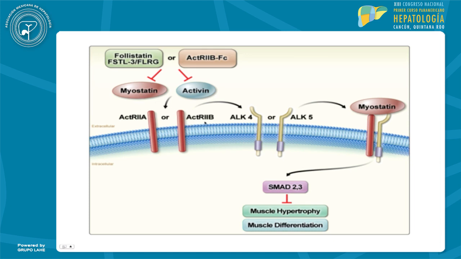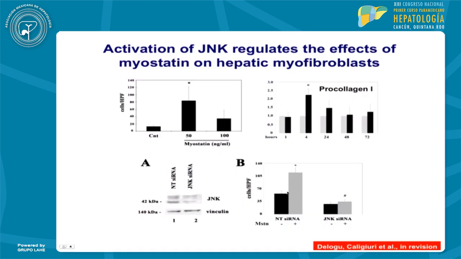Myostatin activates the activin receptor 2B, and like other molecules of the TGF-beta family, works through activation of SMAD2 and SMAD3. These are some of the data showing that the biologic features of human hepatic myofibroblasts derived from stellate cells may be modulated by exposure to myostatin.